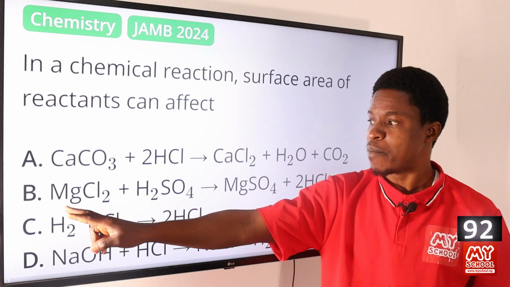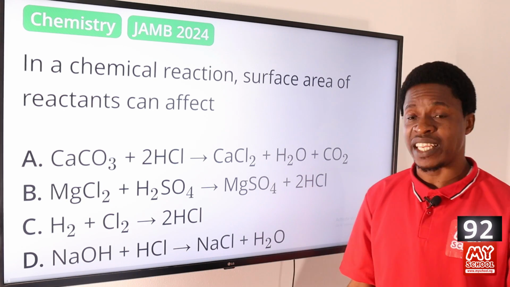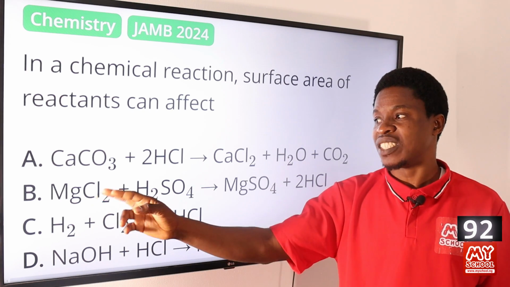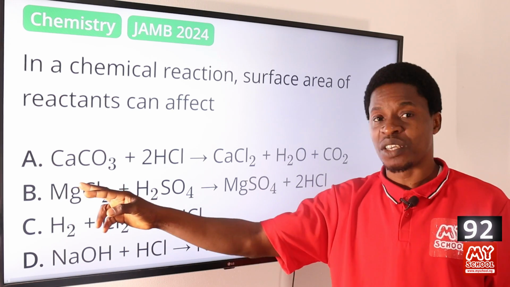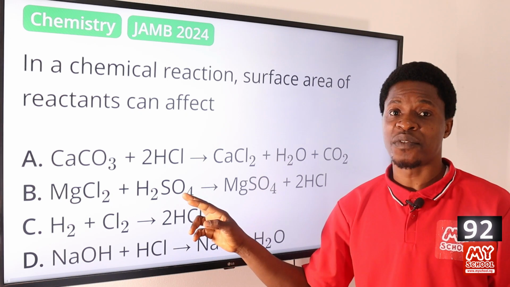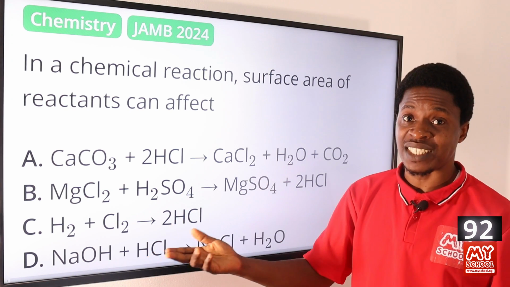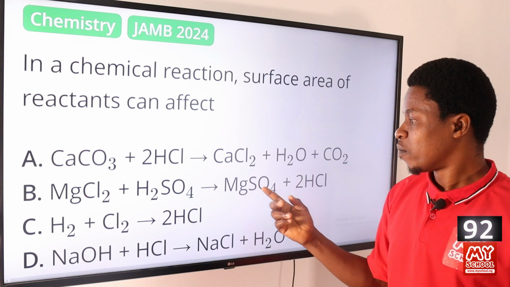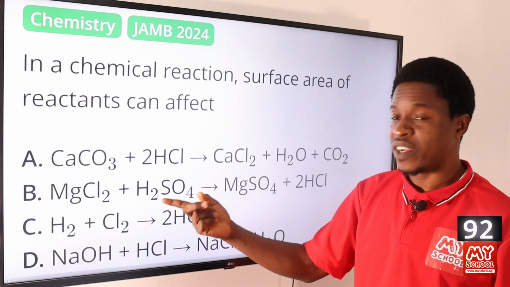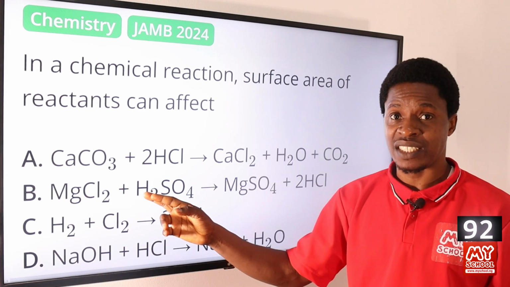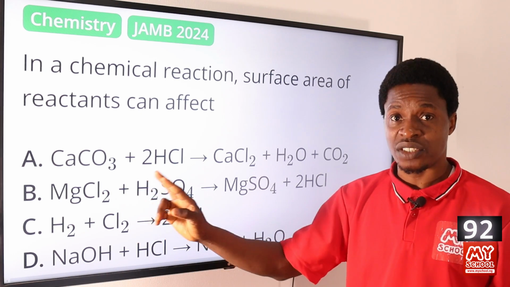For option B, we have magnesium chloride. We can have magnesium chloride in aqueous form, if it is dissolved already. So if this one is in solution, reacting with another aqueous substance, of course the reaction is just the way it is. We don't have any solid substance there. So this cannot be affected by surface area because they are in the same state, even though the state is not shown here.